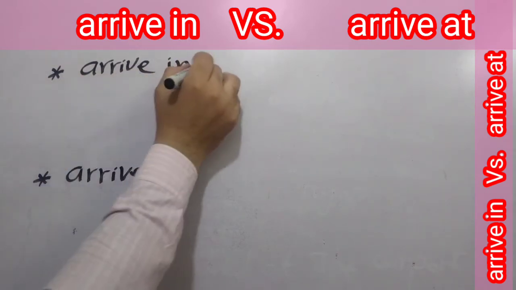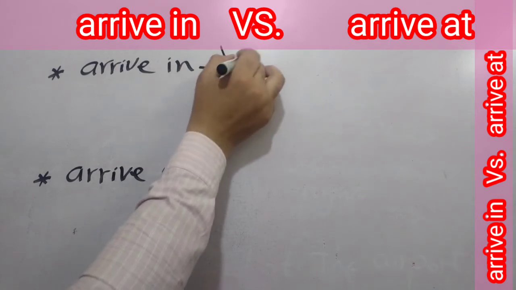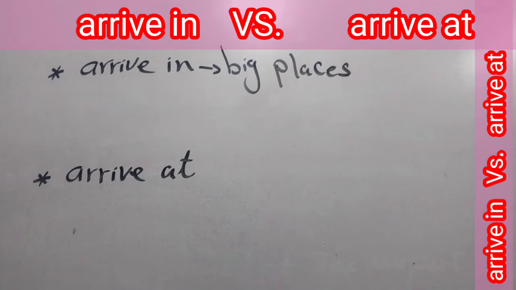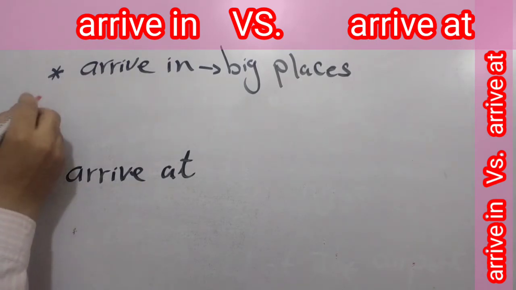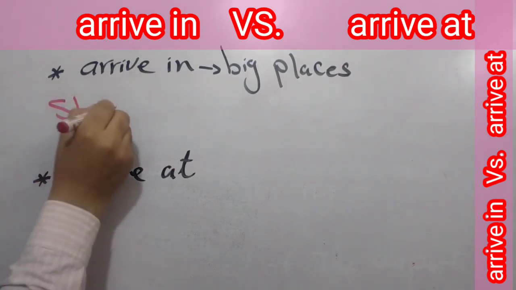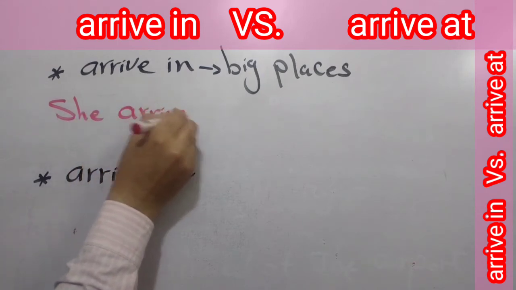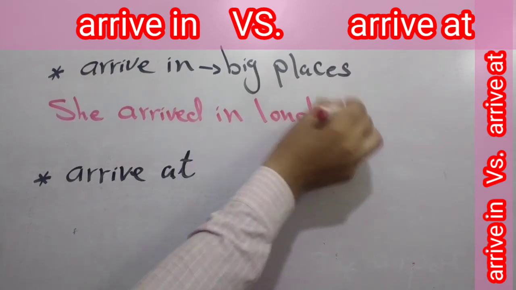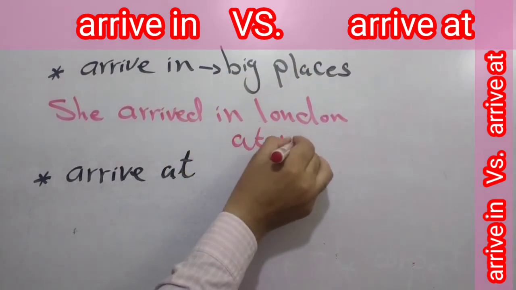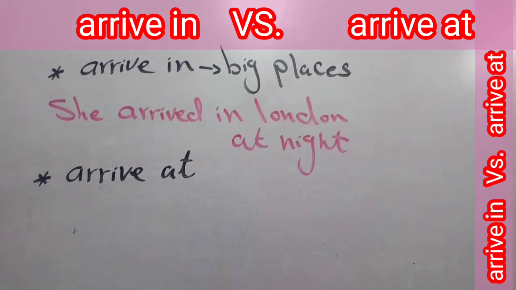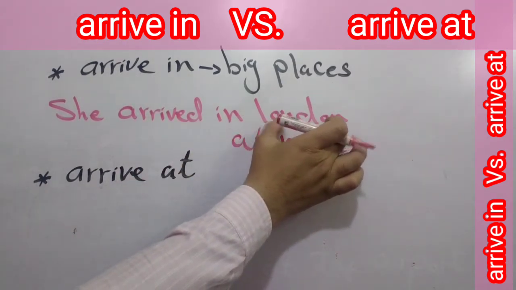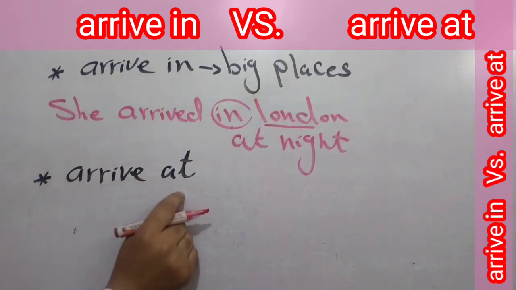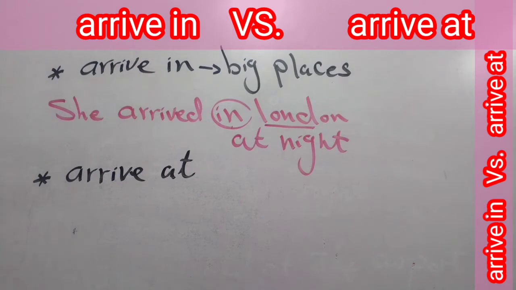We use arrive in with big places. For example, she arrived in London at night. Here we are talking about a big place or a city like London, so we used in. Whereas we use arrive at with small places.